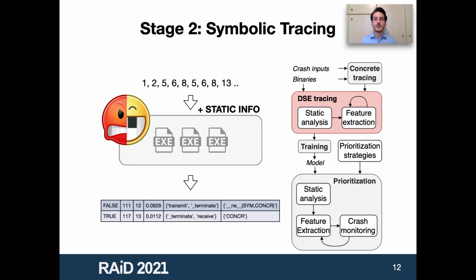And it will create two new training points when forking the execution after every conditional branch, extracting historical information, local information, and forward information. At the end of the symbolic tracing stage, we will have a complete dataset of branch outcomes, such as taken and not taken, with the associated features for every branch executed in the vulnerable programs.